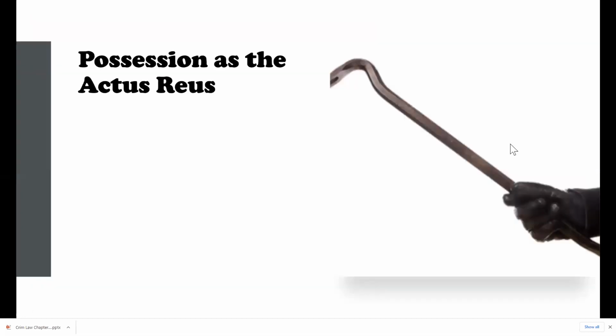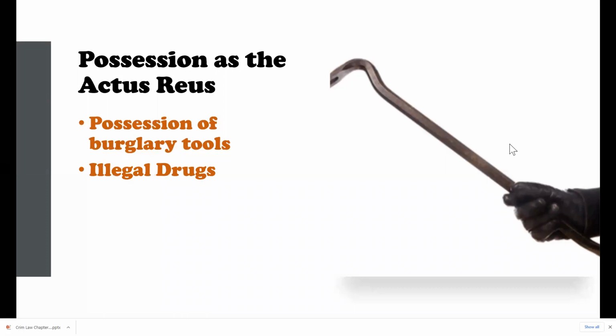Now let's look at possession as actus reus. There are certain crimes where the actus reus is just being in possession of something. For example, possession of burglary tools. The actus reus is being in possession of it. Same thing with illegal drugs. Being in possession of the illegal drugs is the actus reus.